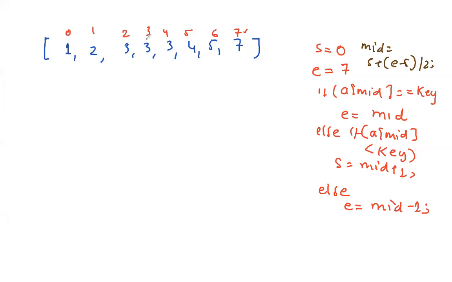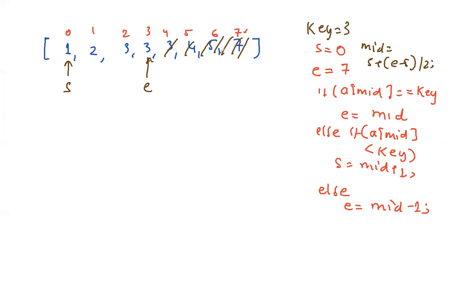For small numbers it's equivalent to 0 plus 7 divided by 2, which is 3. Now, which condition out of these 3 hits? I'm looking for key 3. The first one. That means my end becomes here, my start is still here, and I can safely discard this.